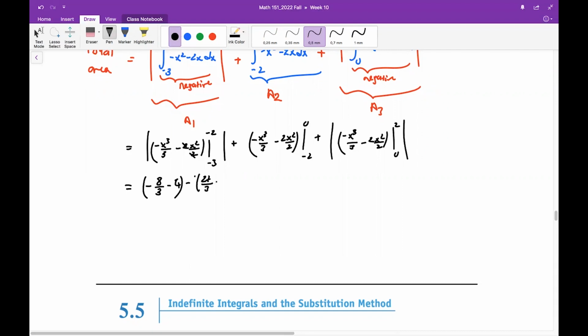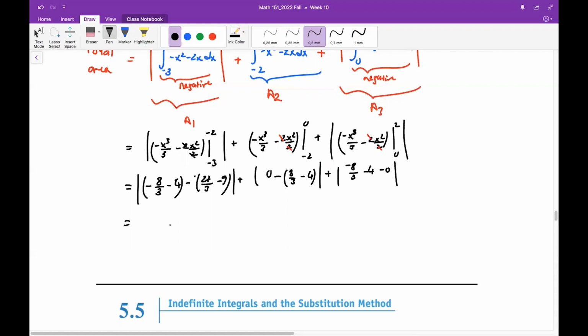It is 27 over 3 minus 9, I guess. Absolute value of this, plus insert 0, nothing comes from there. These are all gone. Then insert -2. It is 8 over 3 minus 4, plus insert 2, minus 8 over 3, insert 0, 0, absolute value.